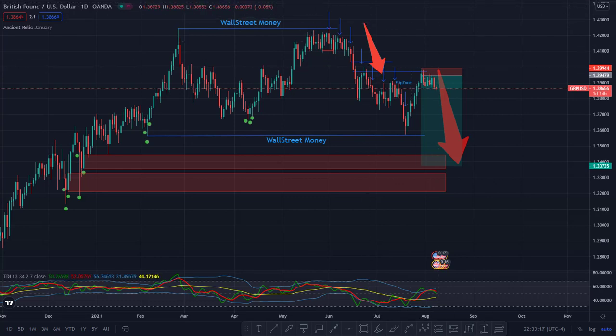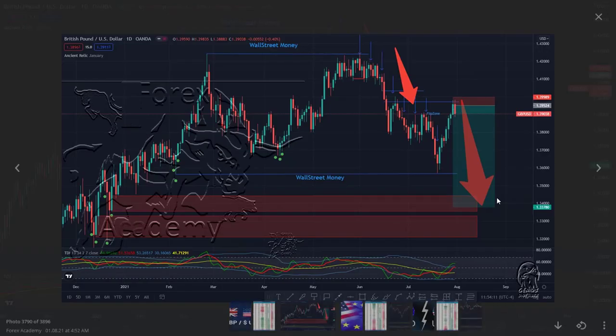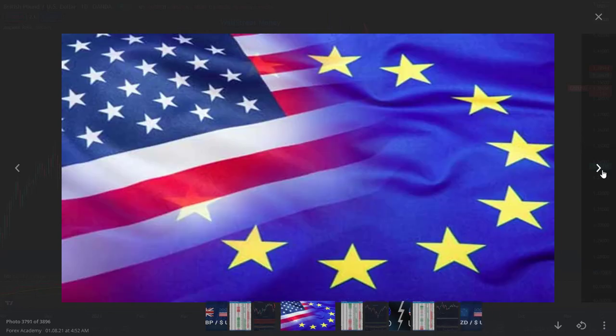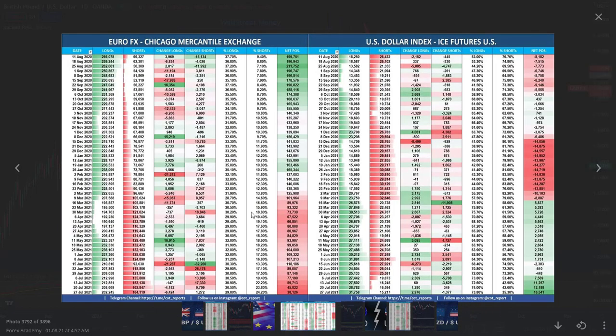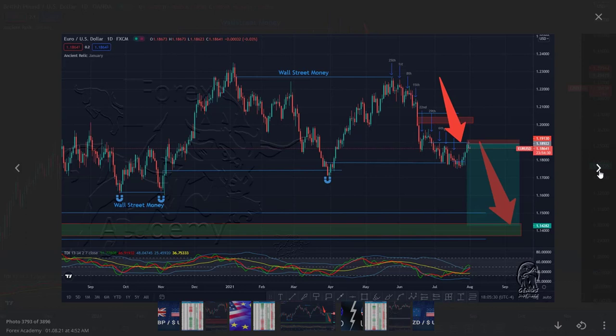And then going to Euro USD, we were bearish also on this pair, and then this was our anticipation, and we are targeting this area and also the Wall Street money.